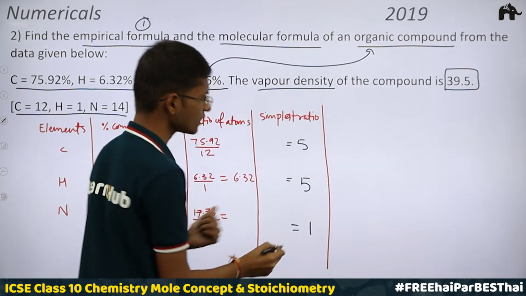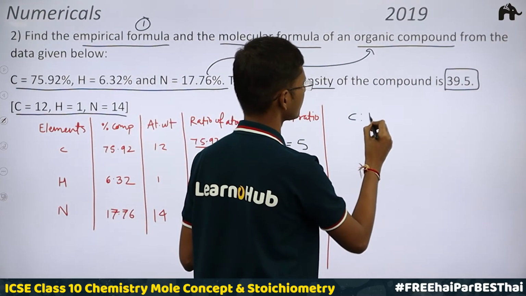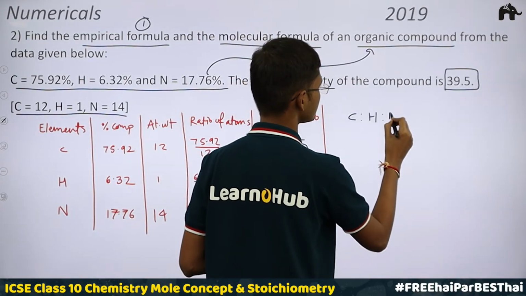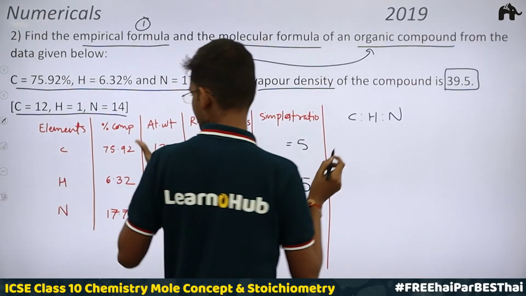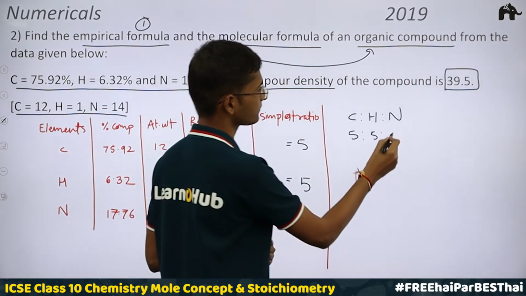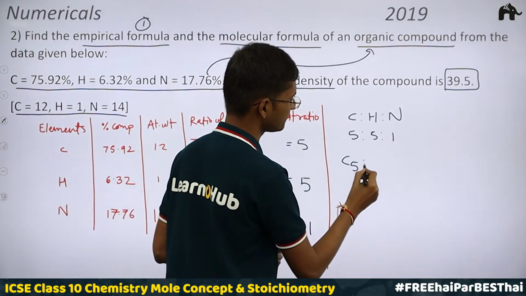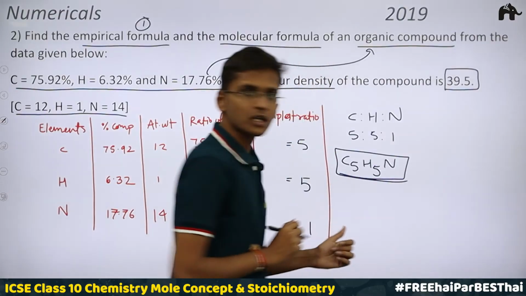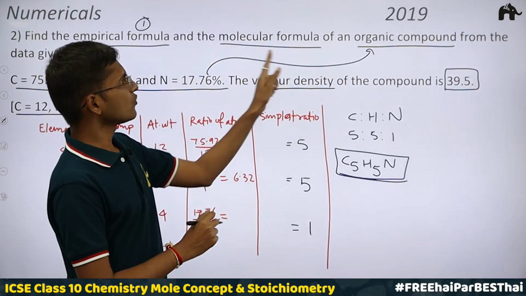So the empirical formula, what it would be? C is to H is to N, carbon is to hydrogen is to nitrogen, 5 is to 5 is to 1. So empirical formula would be C5H5N.